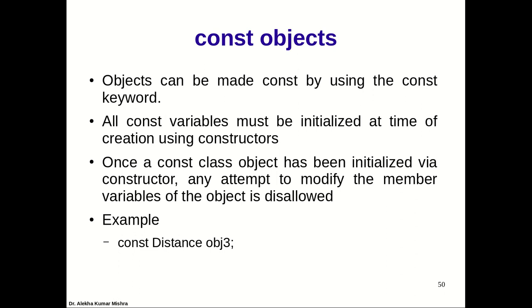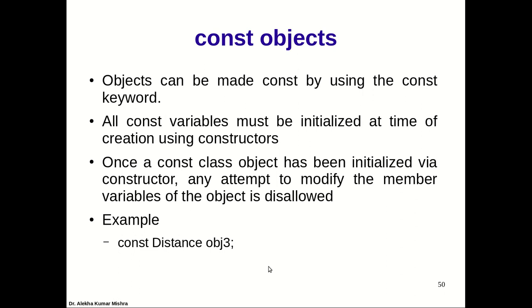So remember, once a constant class object is initialized, we see an example here. We just append the constant keyword before the declaration of an object. So, constant distance object 3 indicates that this object 3 is initialized via the default constructor. When we declare an object like this, it is going to be initialized via the default constructor.